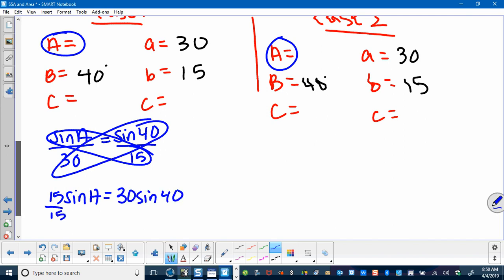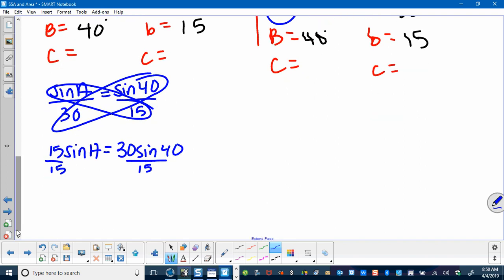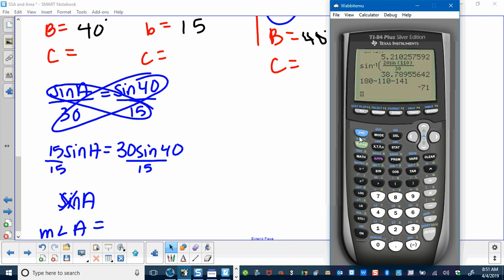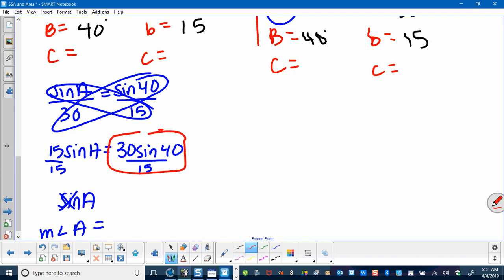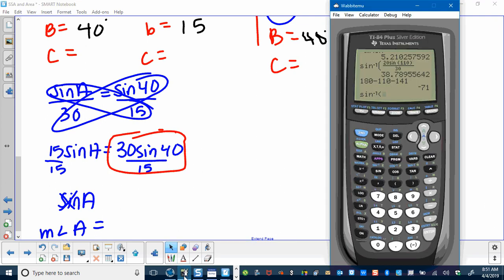You divide by 15, and you end up with the word sine A. I don't want to find sine of A, I want to find the measure of angle A. So in my calculator, I'm going to type the inverse to cancel out that sine. So second sine, and then type in your fraction. I'm going to do alpha y, 30 sine 40 over 15.